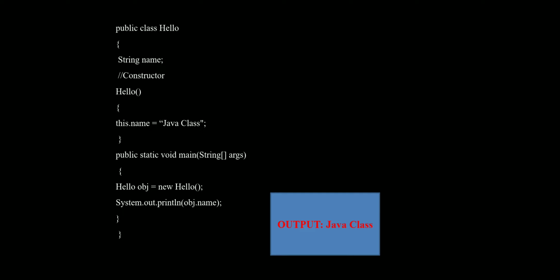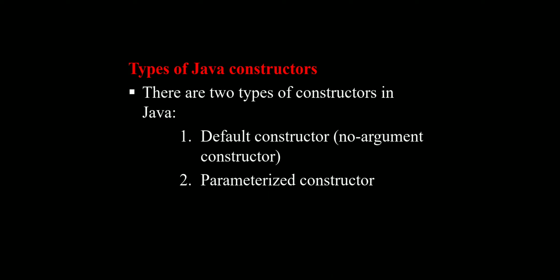Again, there are two types of constructor in Java: the default constructor and the parameterized constructor. Default constructors are nothing but constructors with no arguments passed. In a parameterized constructor, we can pass parameters in the constructor. Both of these concepts we will discuss in further classes.